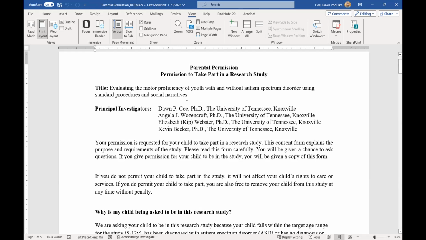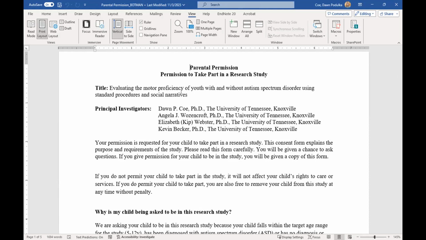So you always list who the investigators on the project are. This project that we're currently doing, we're looking at motor proficiency in youth with and without autism spectrum disorder, using 2 different methods.